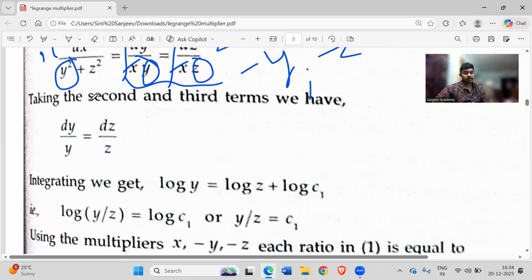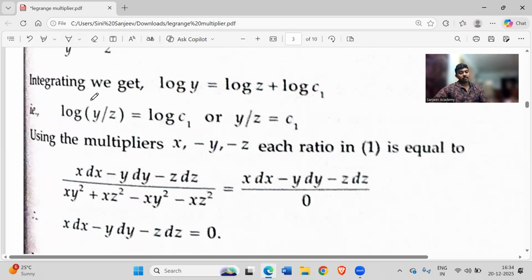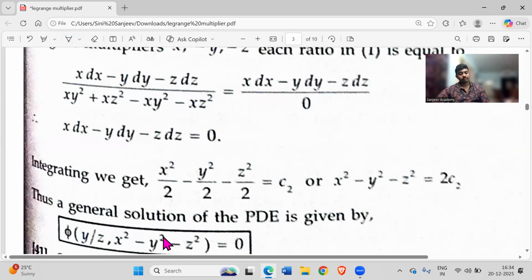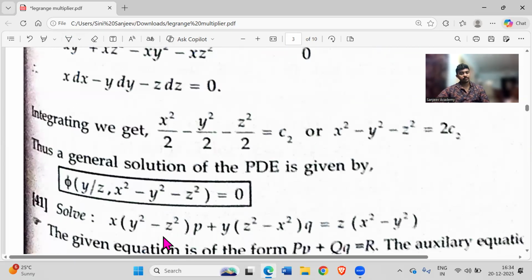Then only you'll be able to cancel it out. Minus y and minus z. Then I can cancel everything. Then if I add everything, I can cancel denominator part. And then if I integrate, I'll get what? X square minus y square minus z square. That's all. Simple only.